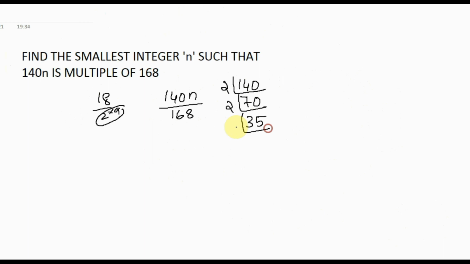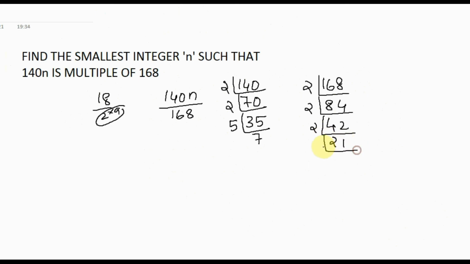Again 5 becomes 7. Similarly 168. What is 168 with the 2? 84. Again 2, 42. Again 2, 21. Again 3, 7.